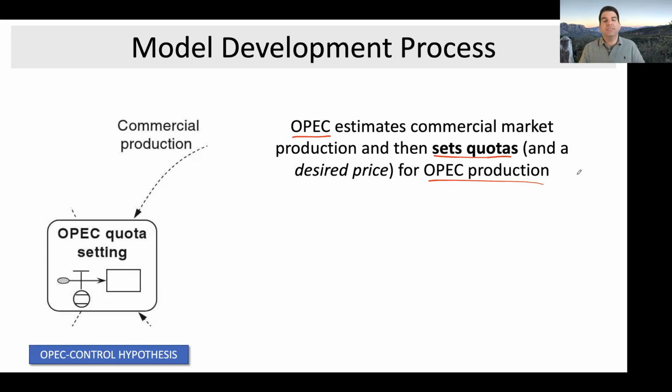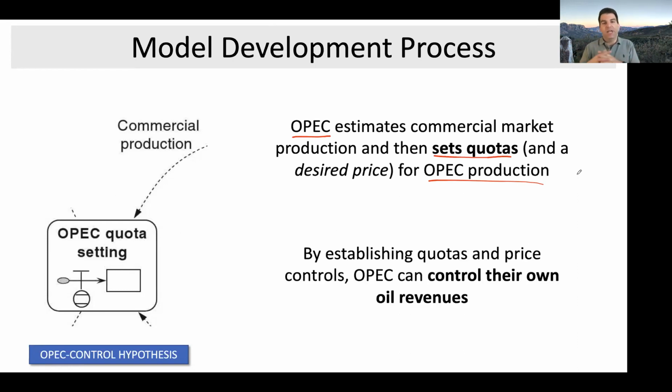There, price emerges from a bunch of consumers and producers just doing what's best for them in terms of consumption of oil. They don't have any control over anyone else. They're just trying to get to work. They're just trying to make money from people getting to work and so on and so forth. Here, OPEC is not necessarily trying to make money.